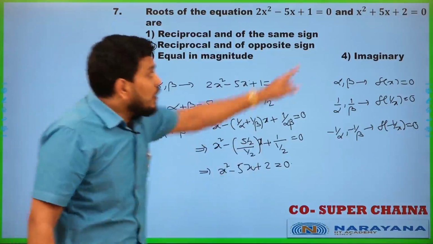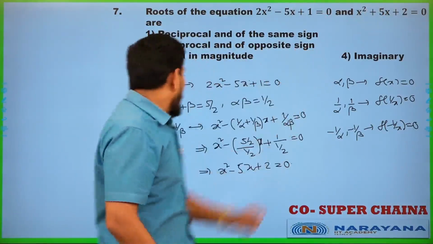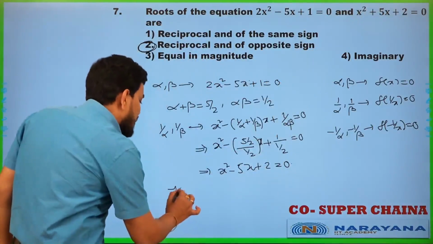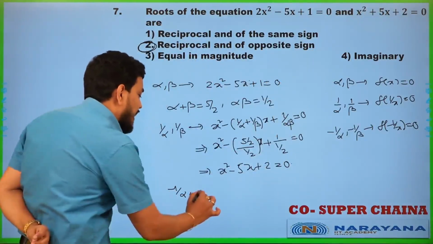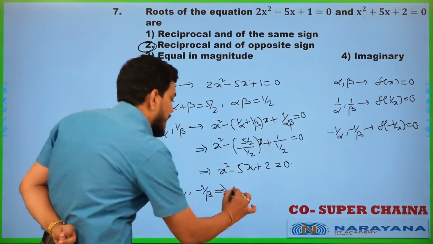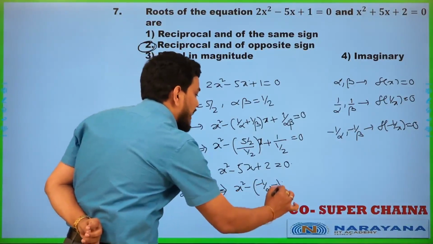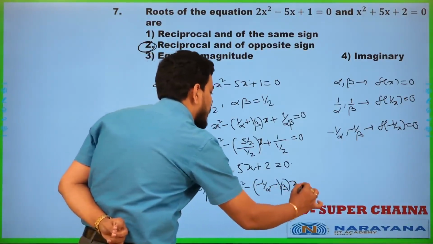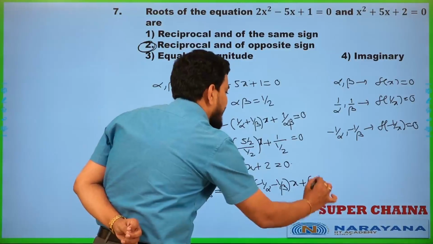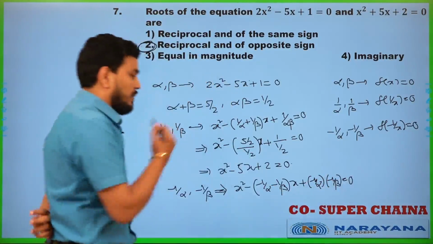But here look at the equation, here minus sign, here plus sign. So, what does that mean? If I start with taking minus 1 by alpha, minus 1 by beta as the roots, then what is the equation? X square minus of minus 1 by alpha minus 1 by beta into x plus minus 1 by alpha into minus 1 by beta is equal to 0.